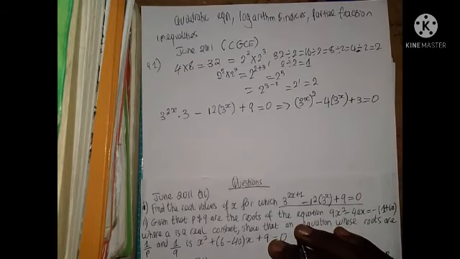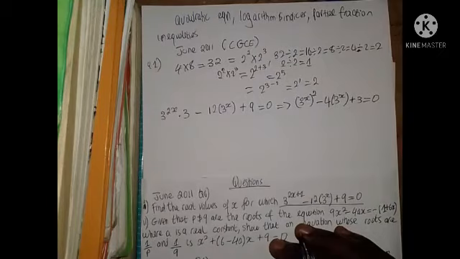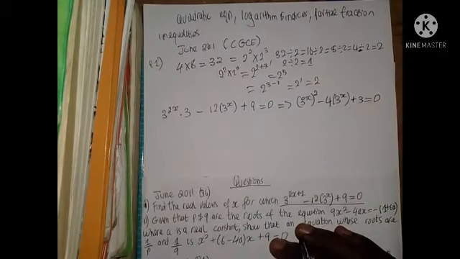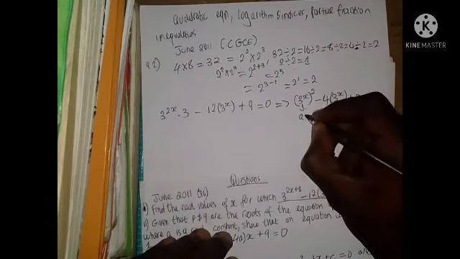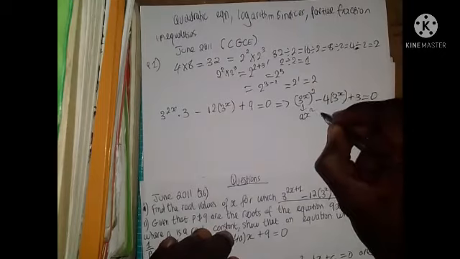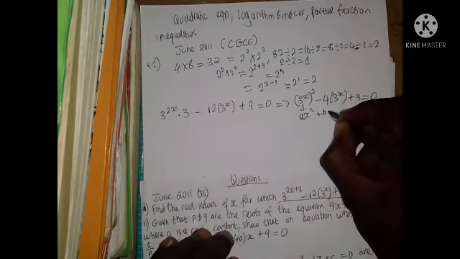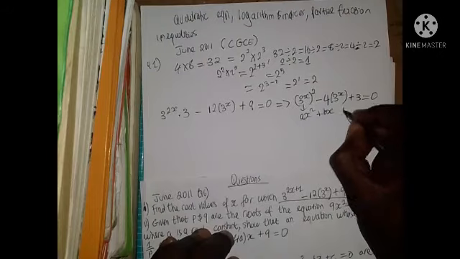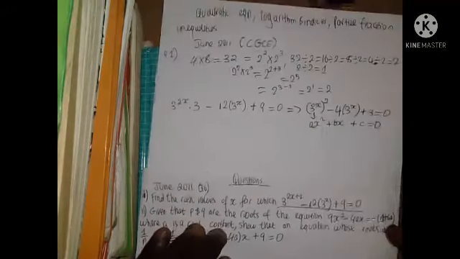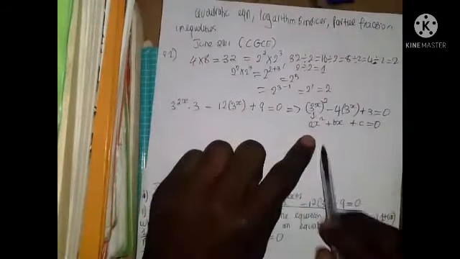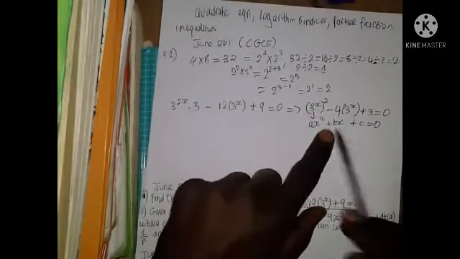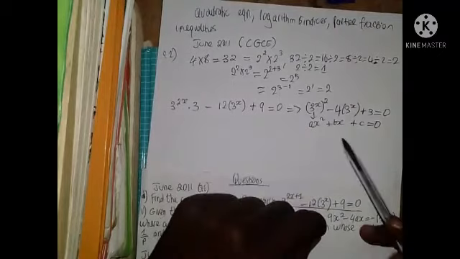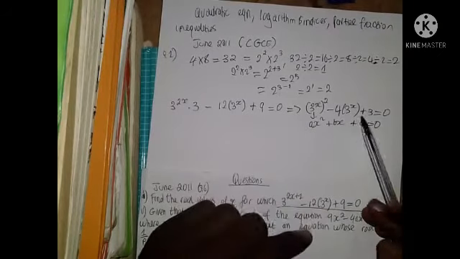The first step is to look for any letter and assign it to our variable, which in this case is 3 to the x, because it's the same thing as ax squared plus bx plus c equals 0, where a is equal to 1, this is 3 to the power of 2x, b equals negative 4 times x again, which is 3 raised to the power of x.